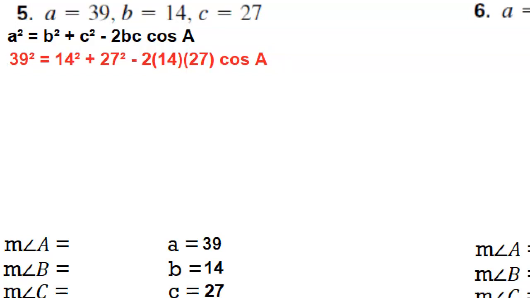Now, the reason I told you this example is going to be more annoying than the others is because we don't actually know the angle. And since we don't know the angle, we can't just type in the entire right side on the calculator, because we don't know everything on the right side.